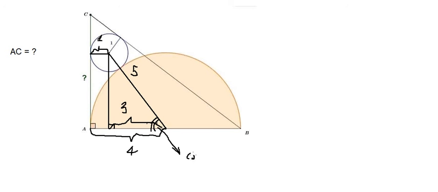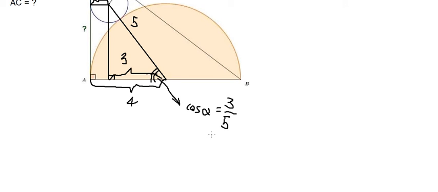So that should be cosine alpha is 3/5. So we can find the value of alpha, which is arc cosine 3/5.